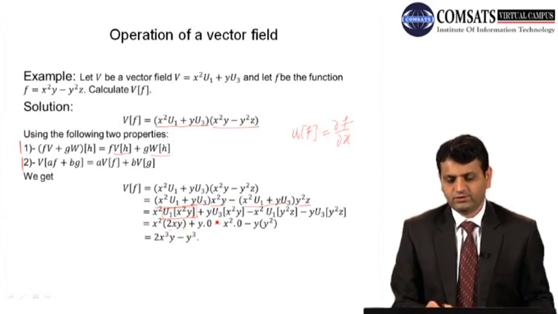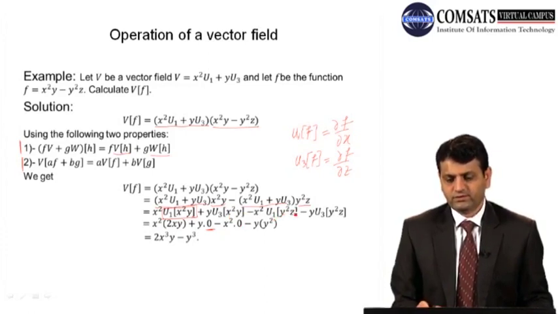Similarly, u3 operated on any function is partial f by partial z. So the partial derivative of x squared y with respect to z is 0, because you treat x squared y as a constant, there is no z term, and the derivative of a constant is 0.